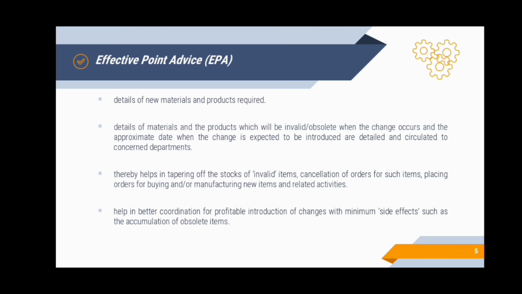This helps in tapering off the stocks of invalid items, cancellation of orders for such items, placing orders for buying or manufacturing new items and related activities. It helps in better coordination of profitable introductions of changes with minimum side effects, such as the accumulation of obsolete items.